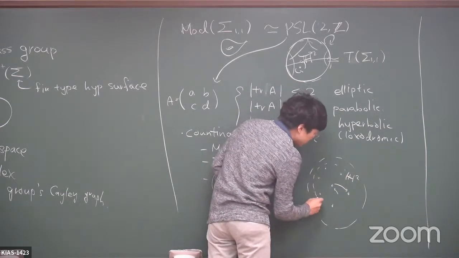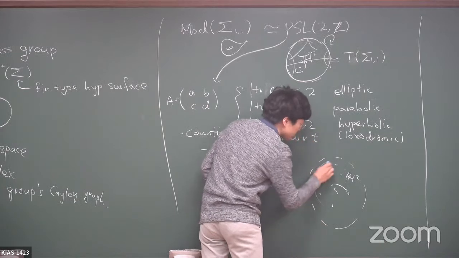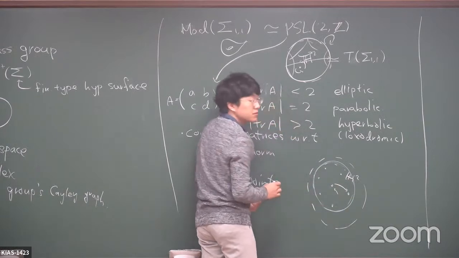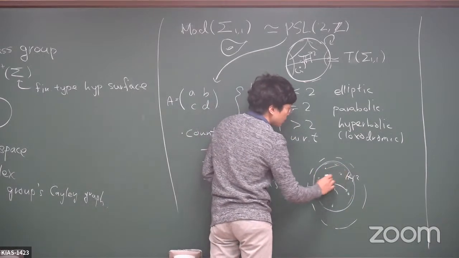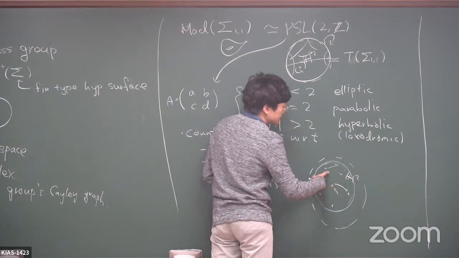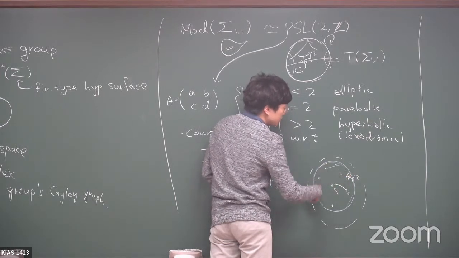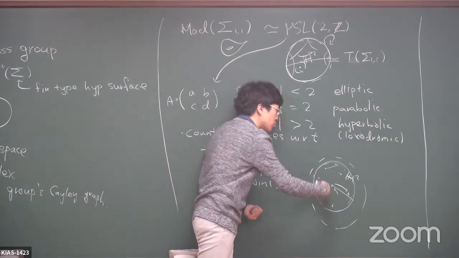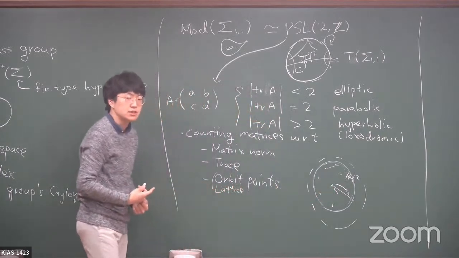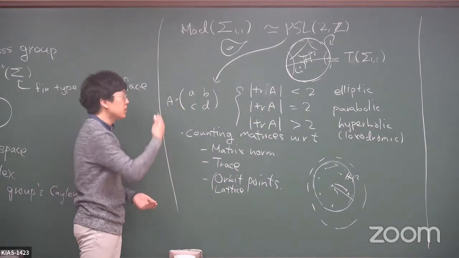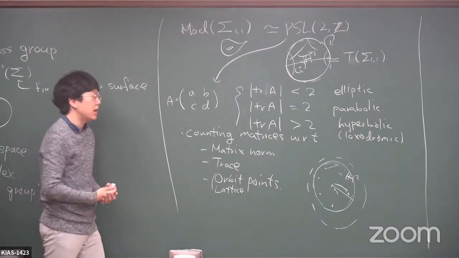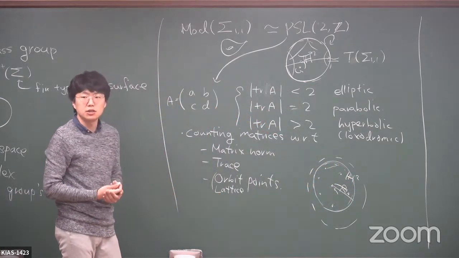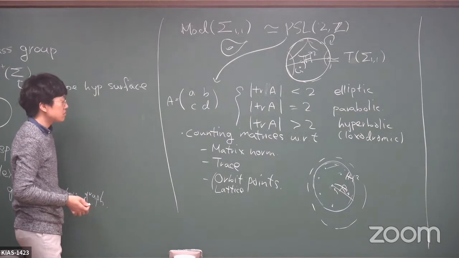Then you draw a metric ball to collect a finite number of matrices, and you only observe the matrices that send this point into this finite range of the metric ball. Among these finitely many matrices, you can compare the population of elliptic, parabolic, and hyperbolic elements. And as you increase this radius, you can see the asymptotics of the population.